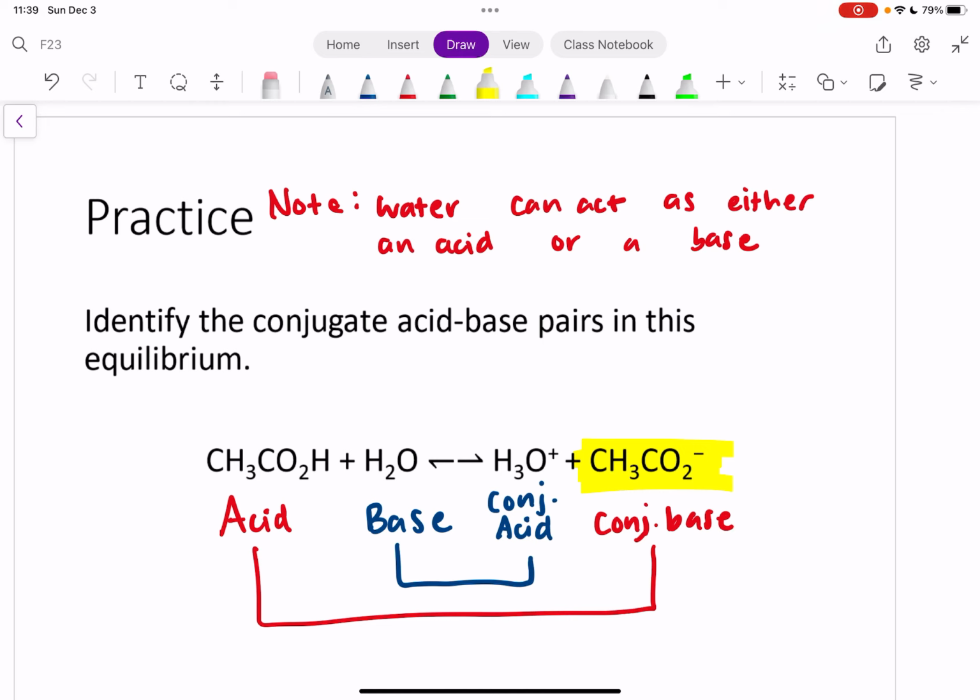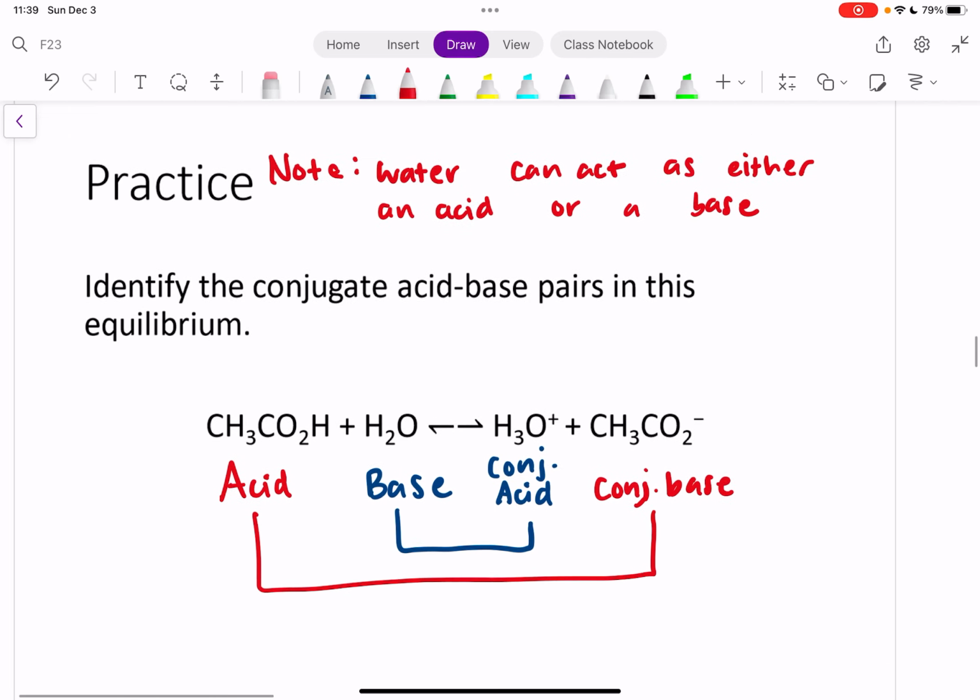Well, remember, this is happening at equilibrium. So just as we are forming these products, we can also get back our reactants. How do we do that? Well, this acetate can steal back a proton from our hydronium. And when it's accepting that proton, we would call it a base. So it can act as a base.